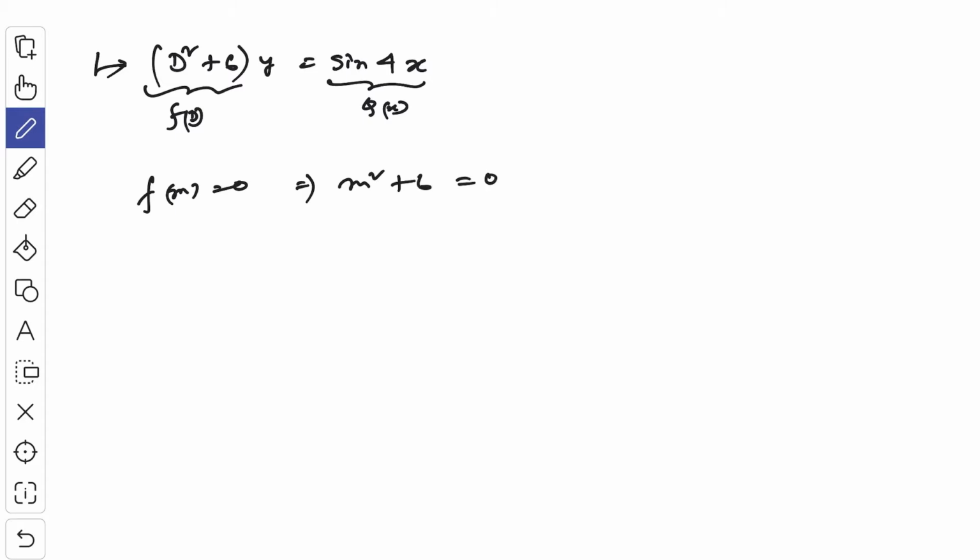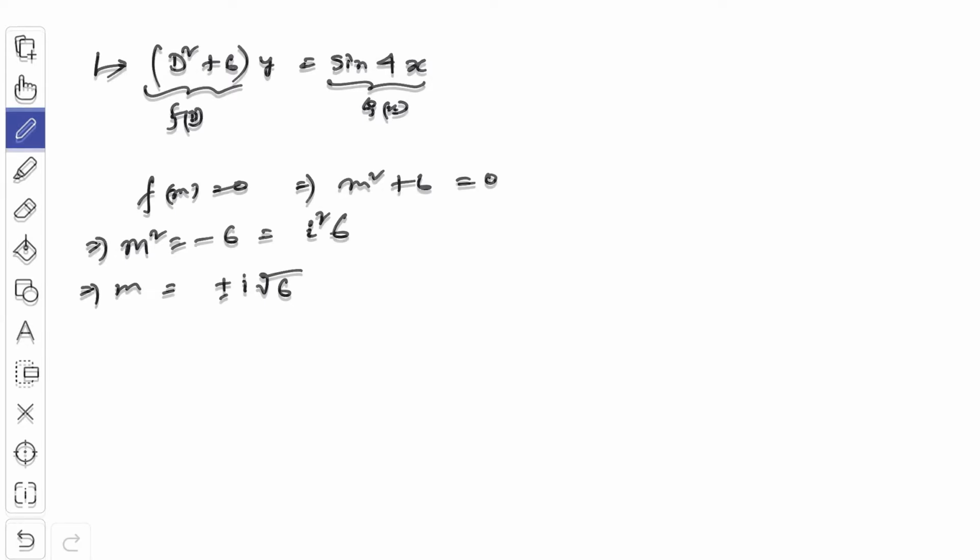If you solve this equation, then m square is equal to minus 6, and that can be written as i square 6. So m will be equal to plus minus i root 6.